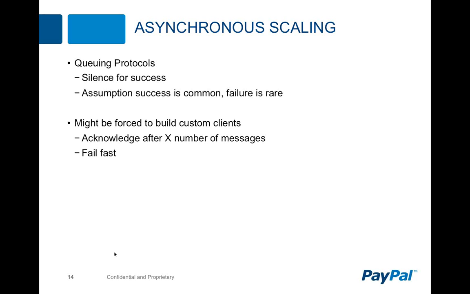Sometimes you might have to build custom clients. The reason is that when you are going through non-persistent queuing, there is a good chance the message has not even left the kernel stack or the network stack, right? It still hasn't gone through the network interface card, but the software comes back and says, yeah, done, message published.